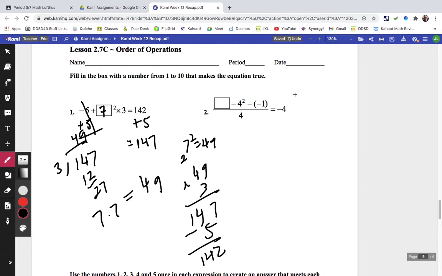With this one, I want the answer to equal -4. So I want the top of this to equal -16. So something minus 16 plus 1 is equal to 16, or -16. Let's see.